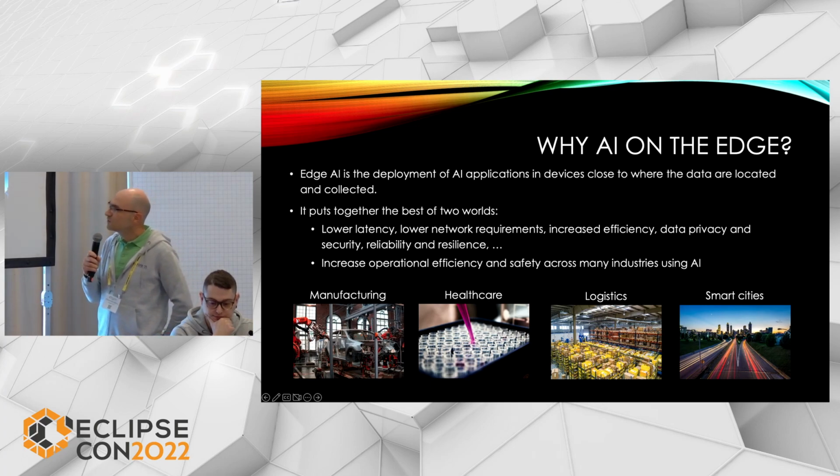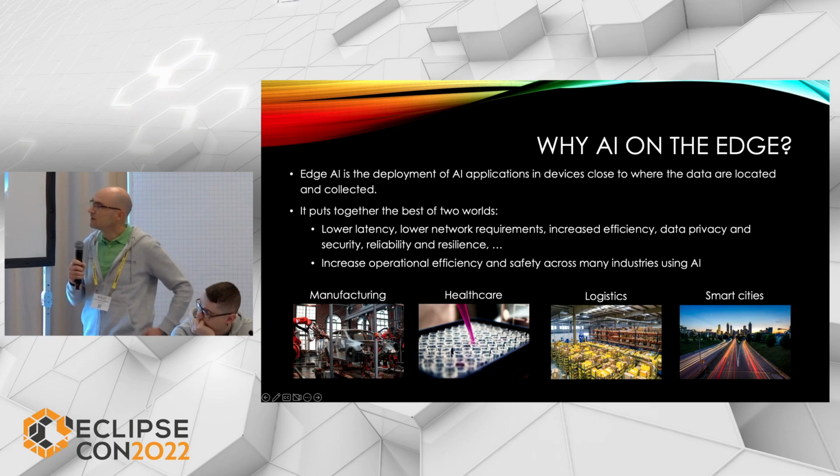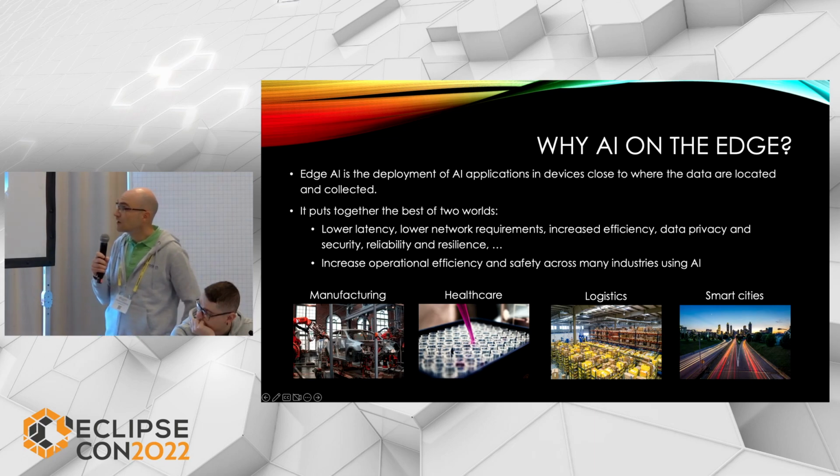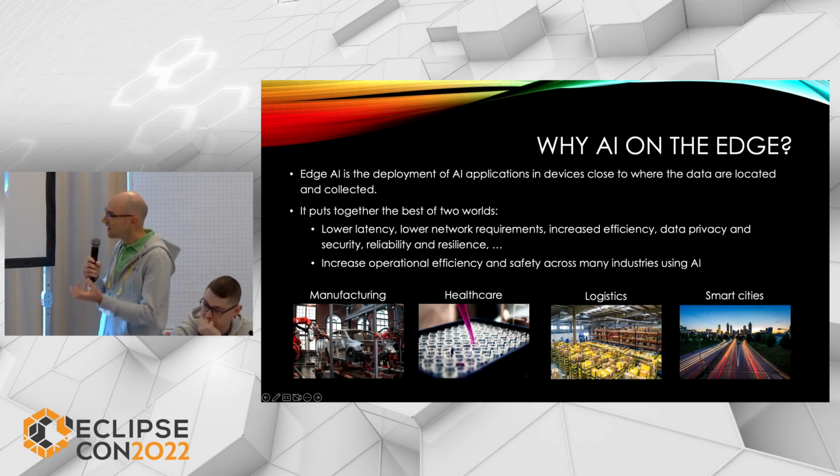It tries to put together the best of two worlds. From edge computing, the fact that you want to process data locally where the data are produced, increasing the efficiency, reducing the bandwidth and network requirements, and improving the latency.